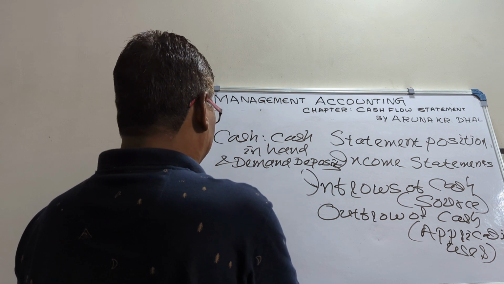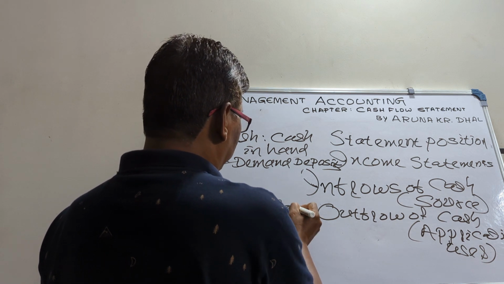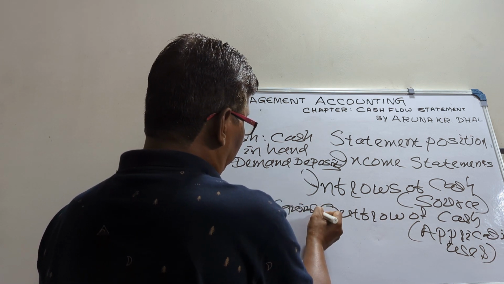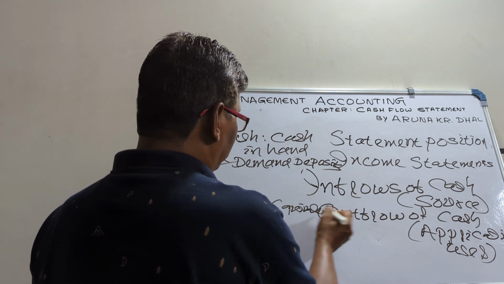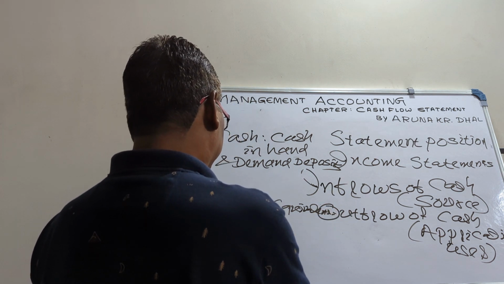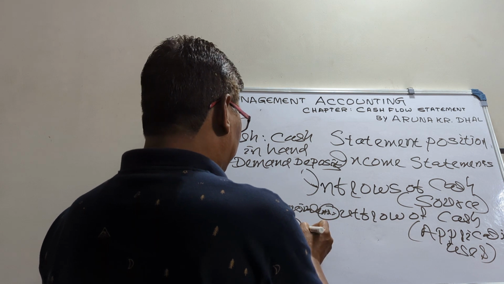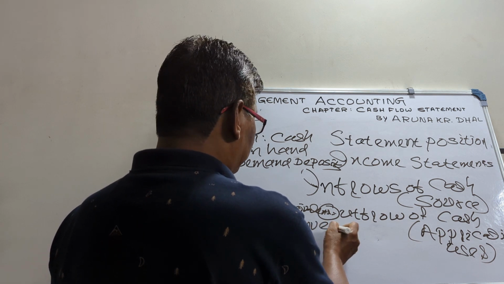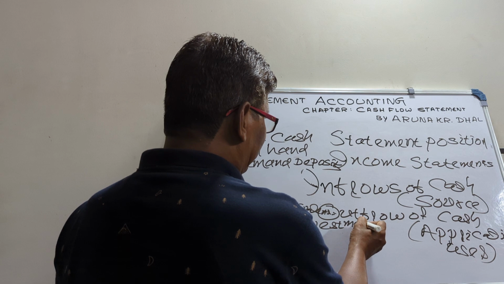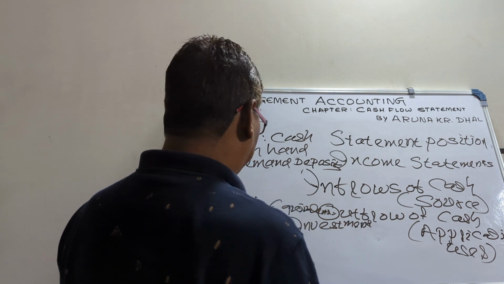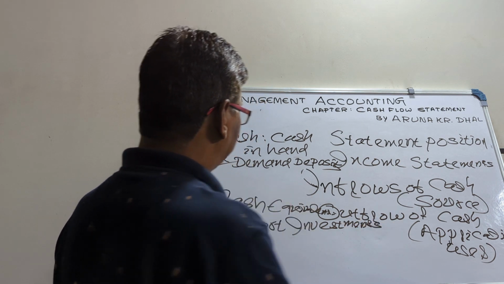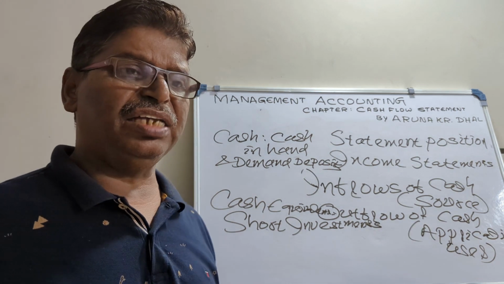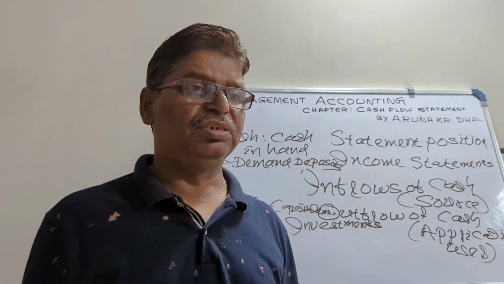Cash equivalents include short-term investments in securities or debt which can be realized within a short period of time without loss of value. So this is cash and cash equivalents.